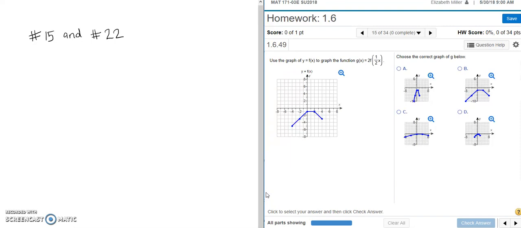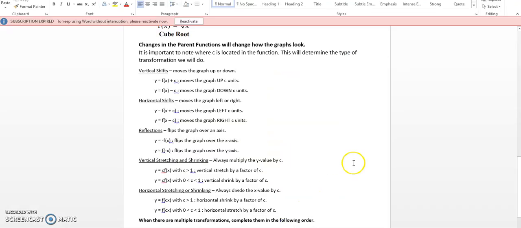We would say this 1/2 is inside the function because it's in the parentheses, and the 2 is on the outside of the function because it's outside the f of x. And that makes a difference in terms of our rules.